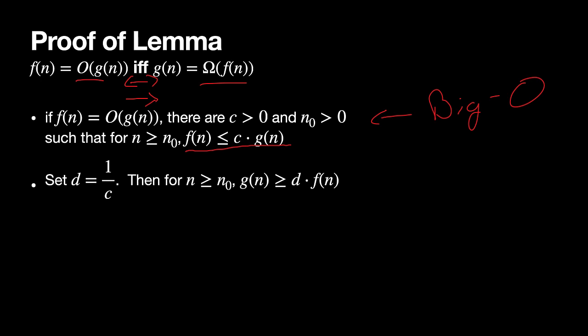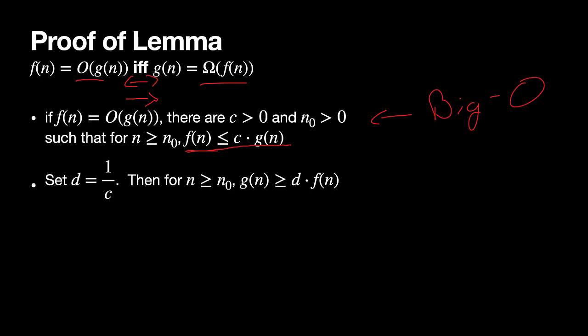Okay, so let's take our constant d, which is equal to 1 over c. It's chosen to be related to our big O definition. And we know that c is a positive number, so 1 over a positive number is also a positive number.